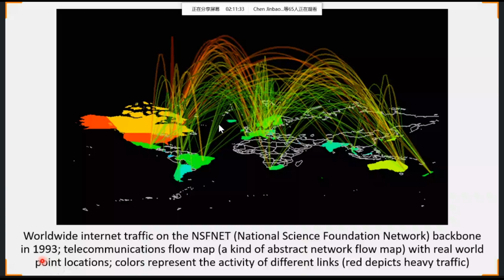And it's a telecommunications flow map, or a kind of abstract network flow map, you could also call it, with real-world point locations. These are the points where the servers are, the connected computers, and color represents the activity of different links. Red depicts heavy traffic, from some parts of the US, for example, to some parts of Europe.